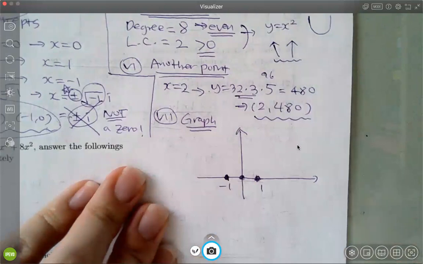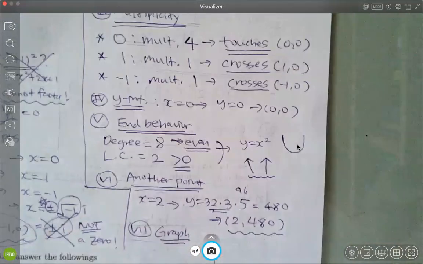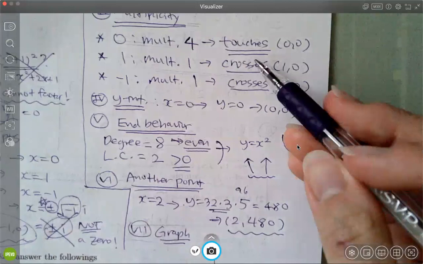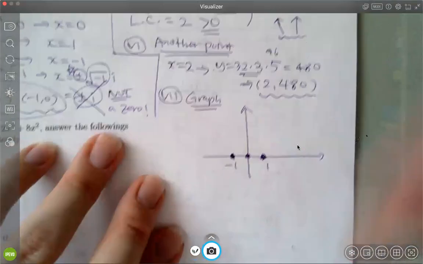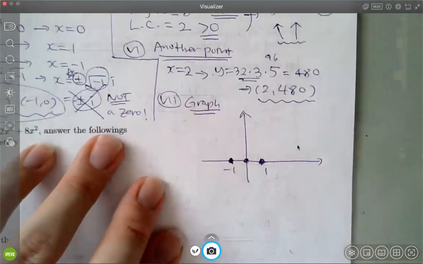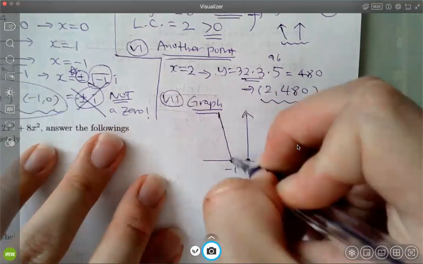And the graph crosses -1 and 1, and it touches 0. So what does that mean? Since the graph has up as the end behavior, it looks like this, and then it crosses -1.